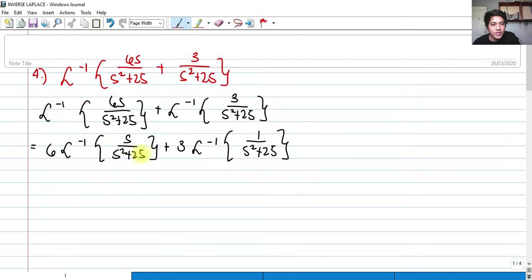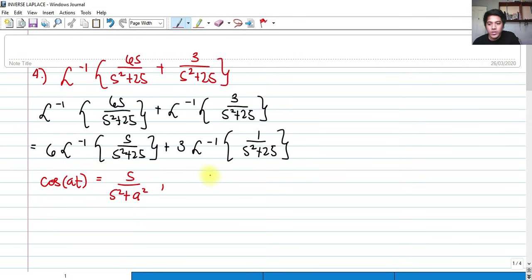If we wish to recall, the Laplace transform of cosine of at, where a is any constant, is simply equal to s over s squared plus a squared, which is exactly the same as this.